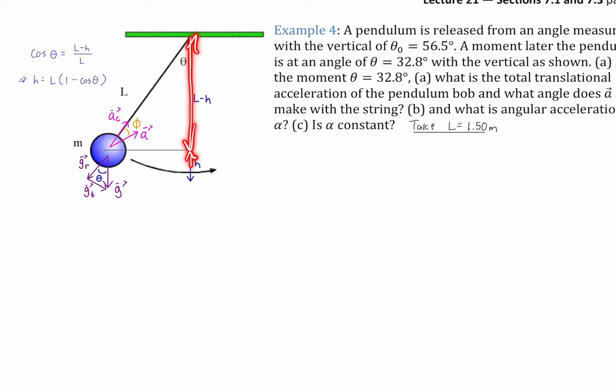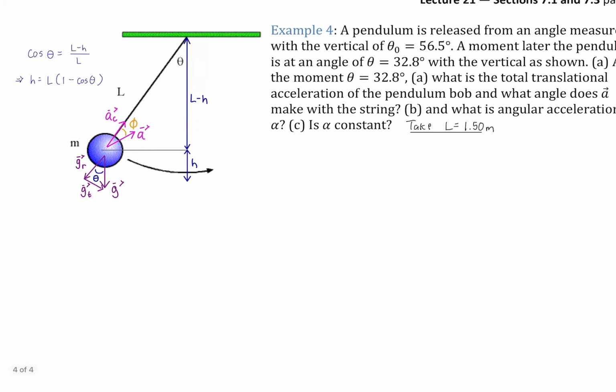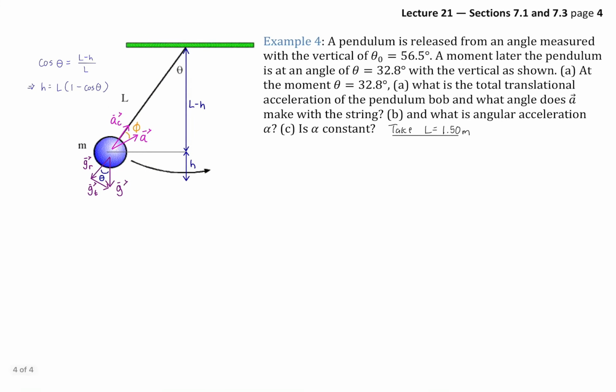Well, because the height is h, and so that means that this total length here must be L, because the pendulum is going to swing down after all, and the string doesn't stretch. And that means that this side of the triangle is L minus h. So then when I solve for h, skipping the algebraic step, h is L times (1 minus cosine theta). That is so crucial with so many energy conservation problems involving pendulums. So memorize that.